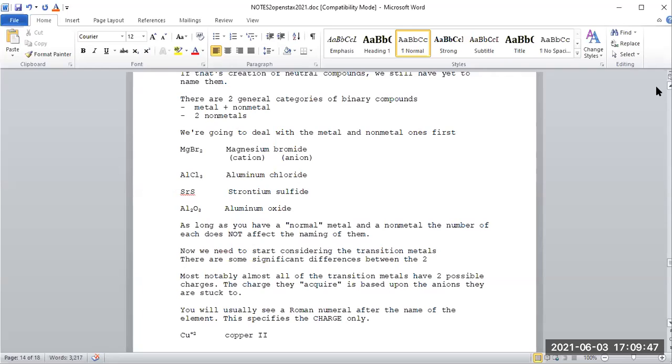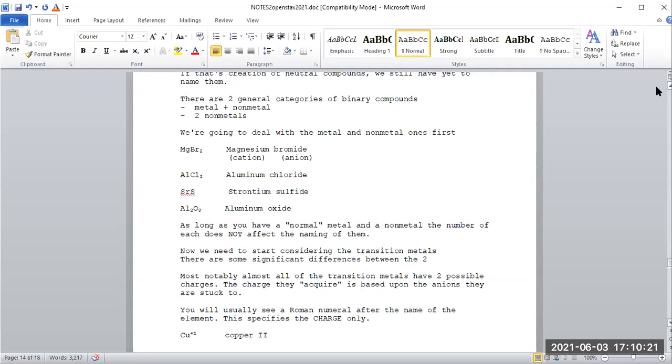MgBr2, which has 3 atoms, but 2 of them are the same thing. When I name it, name the metal part, which is the cation part, first. Then you name the anion, and the anion must be conjugated. Okay, it must have that IDE ending in it.